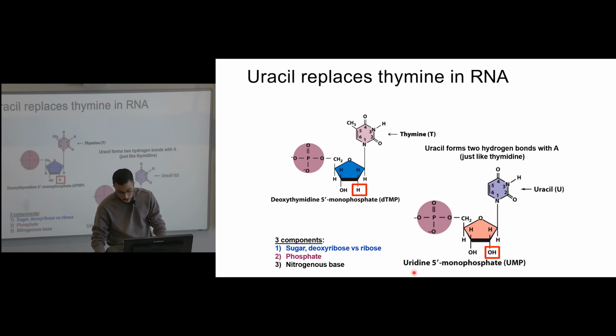And this is called uridine 5' monophosphate, and then you have diphosphate, triphosphate, and you have the same thing for adenine, guanine, and cytosine. Okay, this here is for DNA with the thymine and the deoxy here, and so this is just to show you the difference between both.